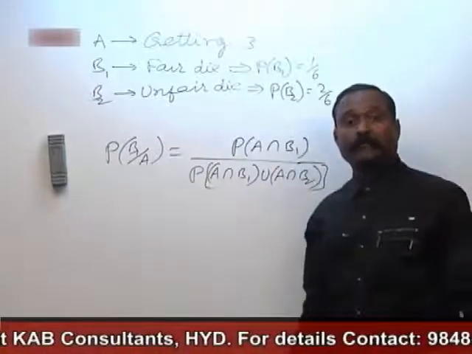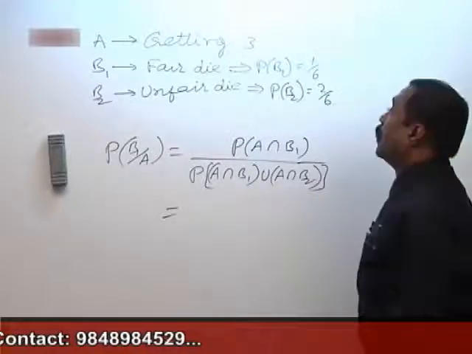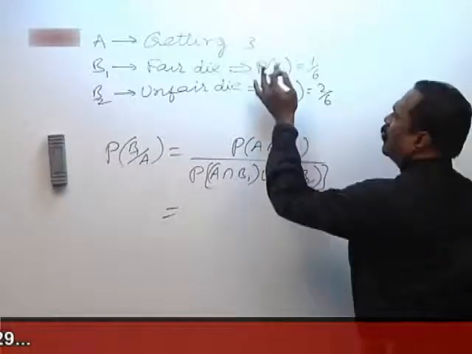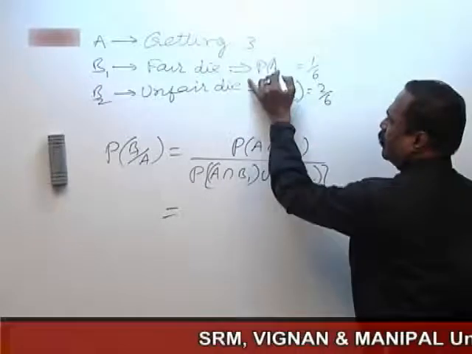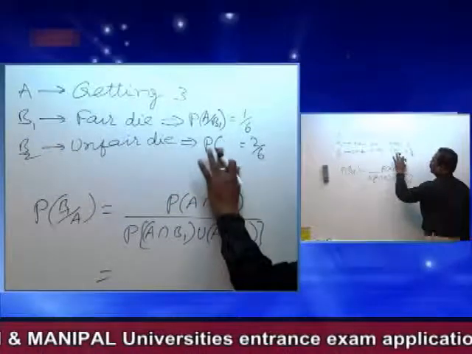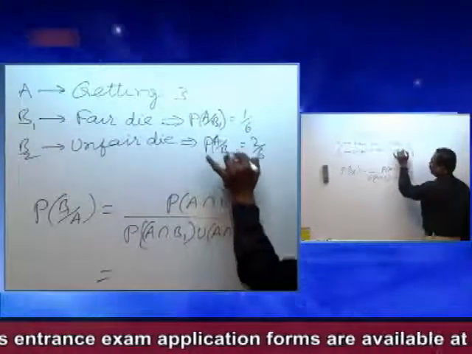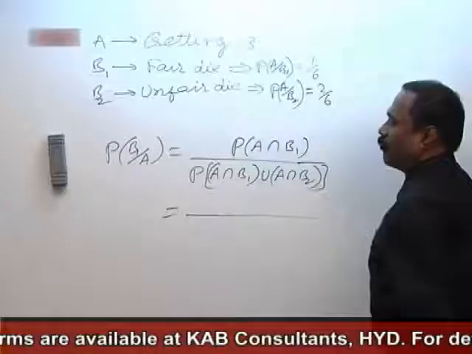B1. Okay. Now, in this case, probability of B1, let me write this way, A after B1, and this one is A after B2. Now, what should it be? What is A?